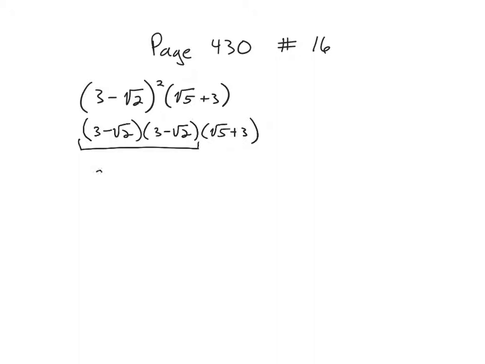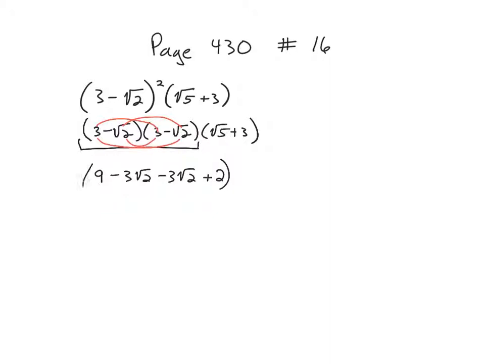So I get 9 for my F. Then I've got my O, which is minus 3 radical 2. Then I've got my I, which is another minus 3 radical 2. Then I have my L, which is plus, and then radical 2 times radical 2, those are buddies, and they give me a 2.